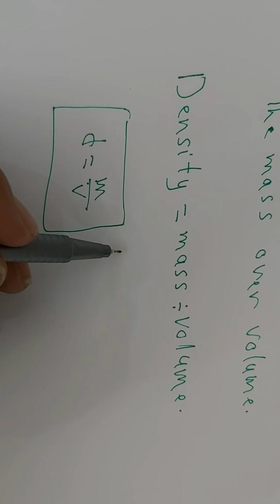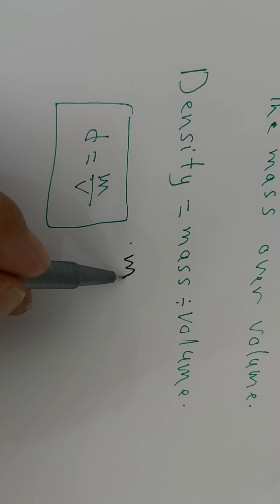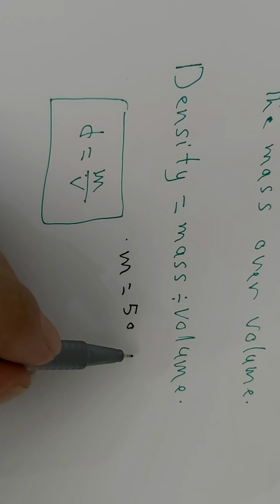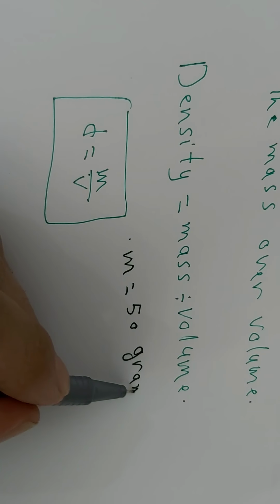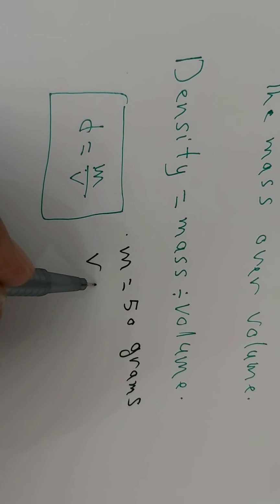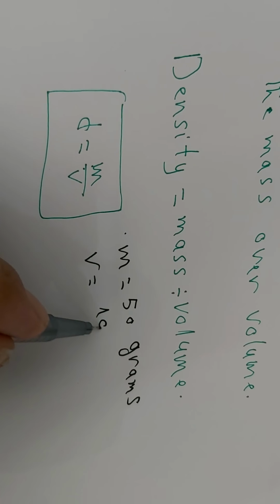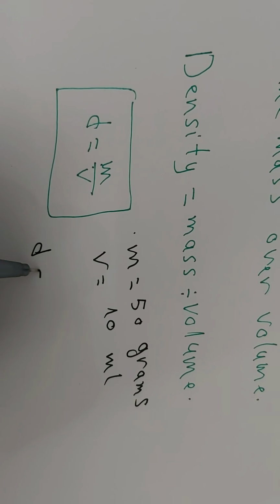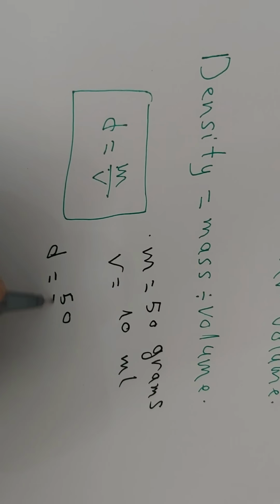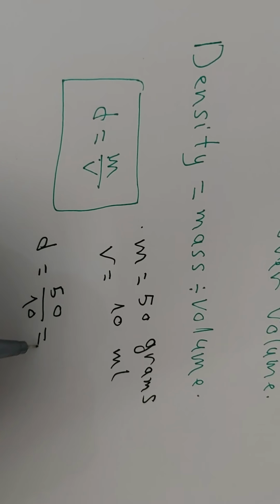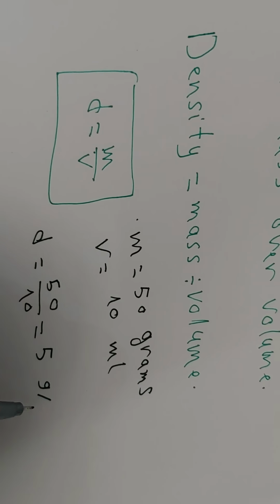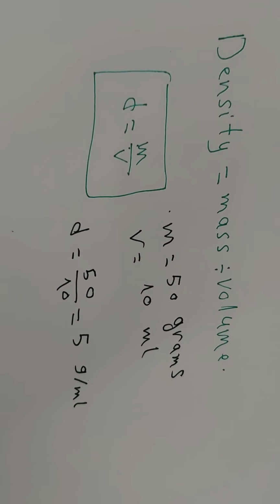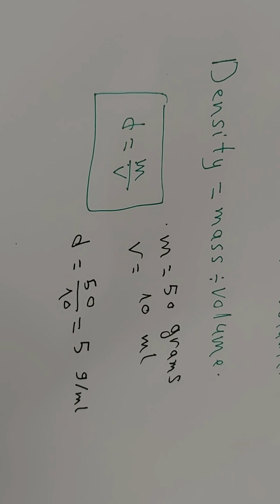Example: if the mass of an object equals 50 grams and the volume of this object equals 10 milliliters, so the density equals 50 divided by 10 equals 5 grams per milliliter. Okay, so what is density?